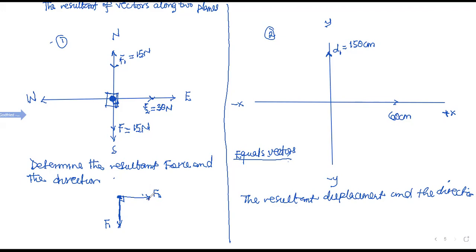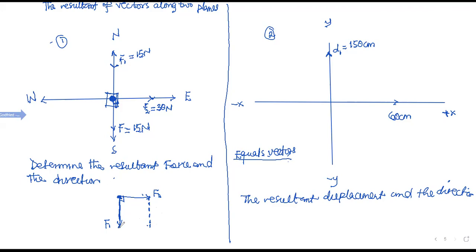And if the new vector has the same magnitude, direction, and is parallel to F1, it is the equal component of F1. So I'm using the broken line to create the equal vector of F1.